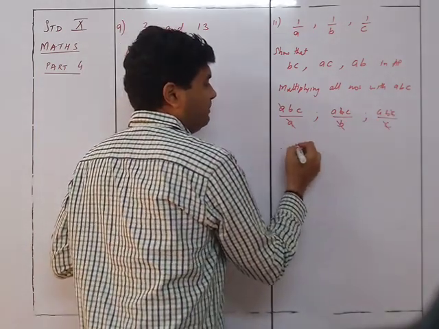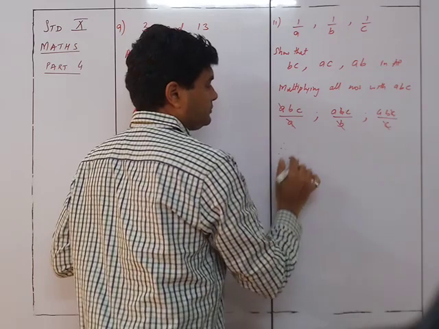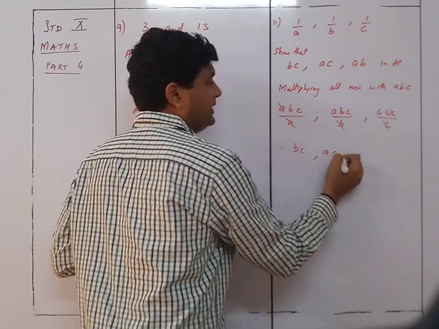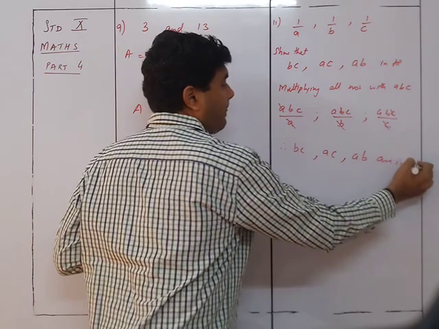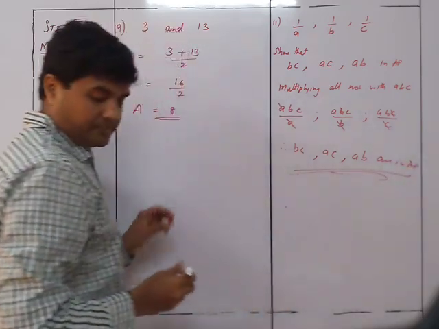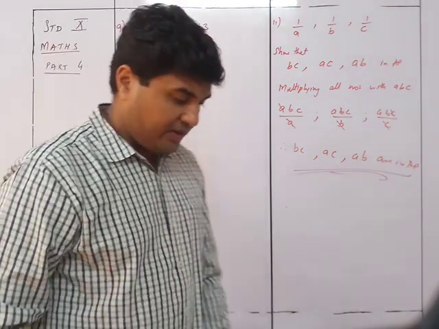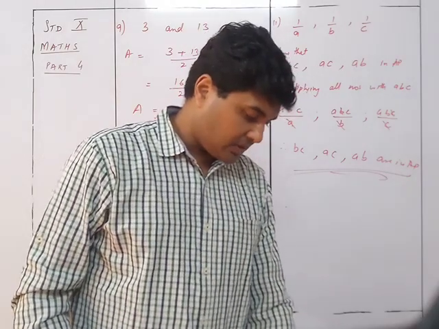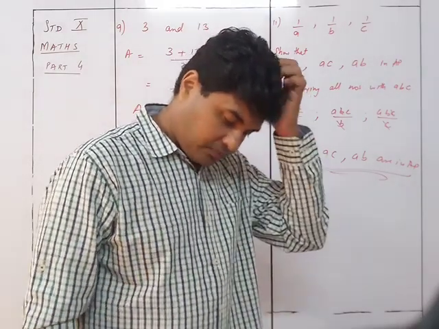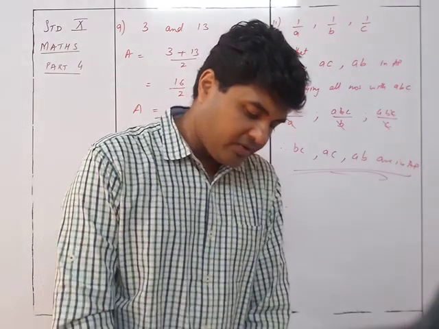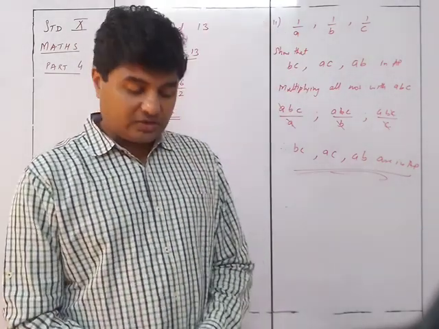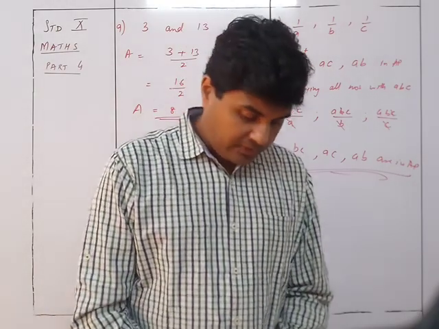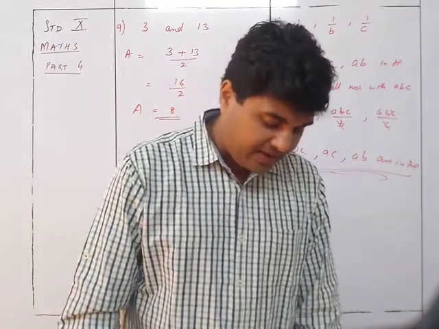Therefore, BC, AC and AB are in AP. Okay, a very easy thing, nothing confusing at all. In fact the hint is already given over there that you multiply it by ABC, so that solves the purpose. So that was exercise 10D.